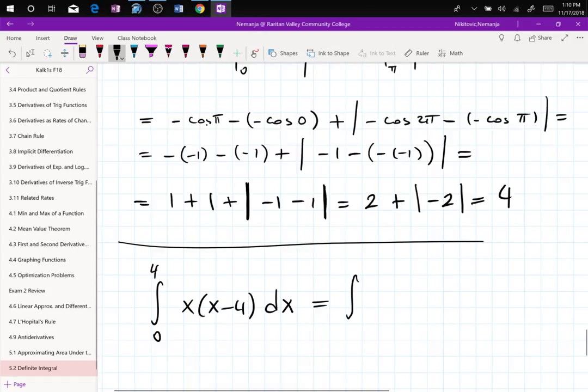So distribute, we have x squared minus 4x, in parentheses, dx, don't forget that.